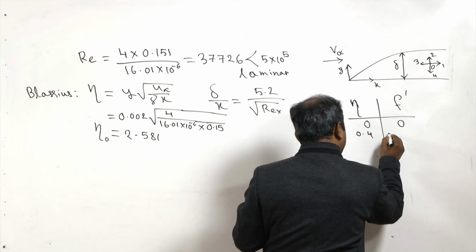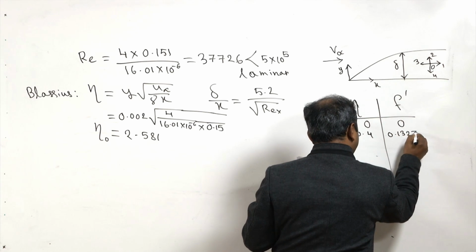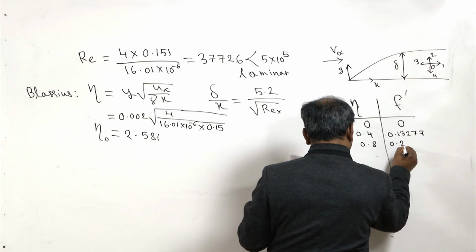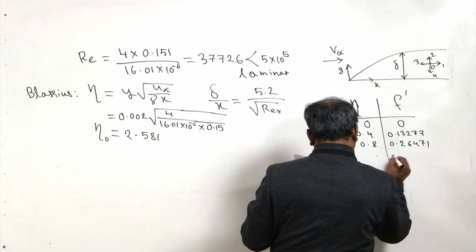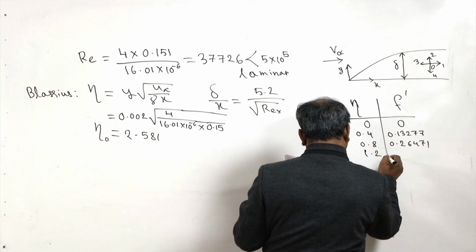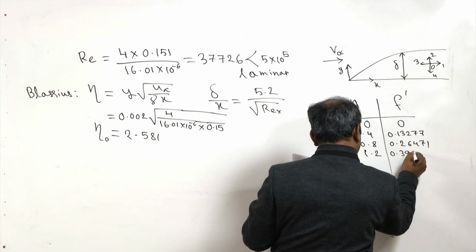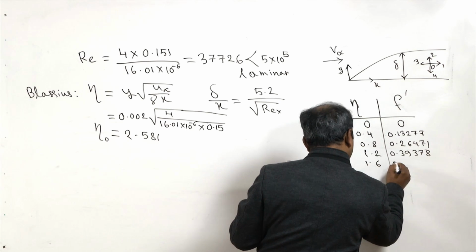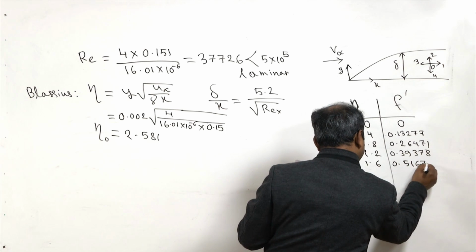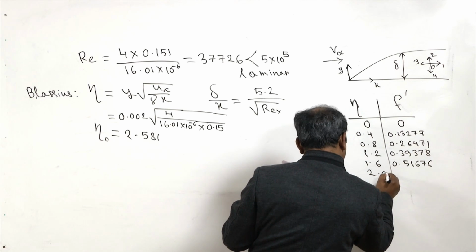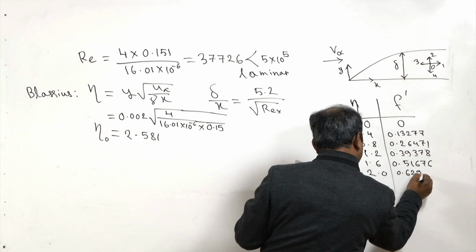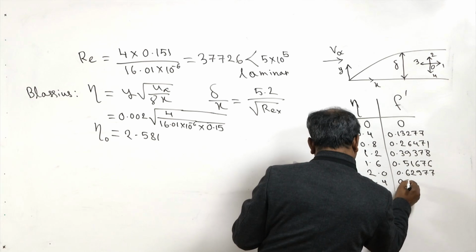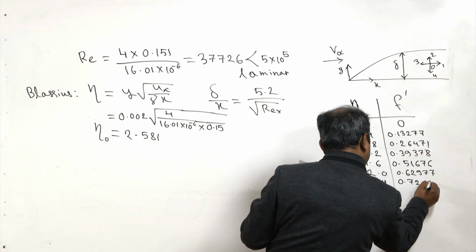So, 0.4 is 0.13277, then 0.8 is 0.26471, and then 1.2 is 0.39378, then 1.6 is 0.51676, then 2 is 0.62977, and then 2.4 is 0.72899.